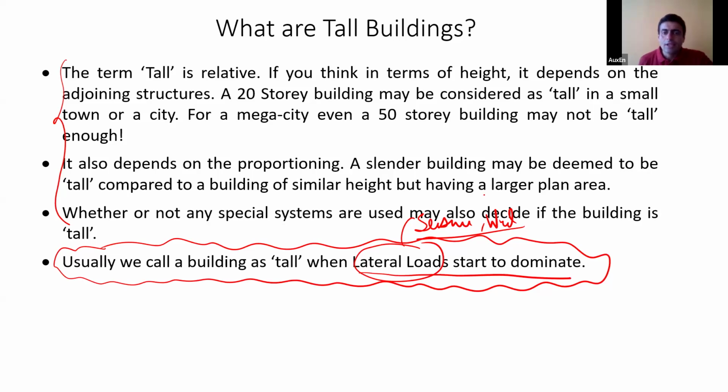Is that clear? So neither of these classifications that I just said will we use as such, but we will stick to this classification: we call a building tall when the lateral loads begin to dominate the design and the sizing of the structure. Lateral loads will dominate not only the strength design, but also the serviceability design. When this begins to happen, then we say that yes, this building is tall enough. Is that clear?